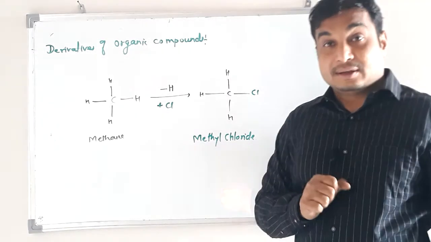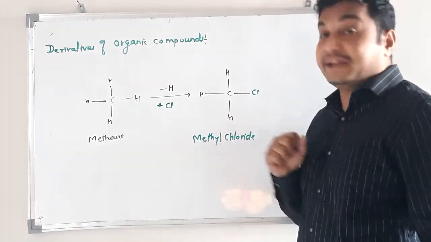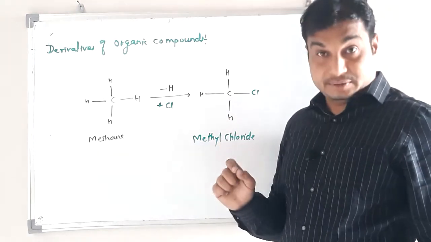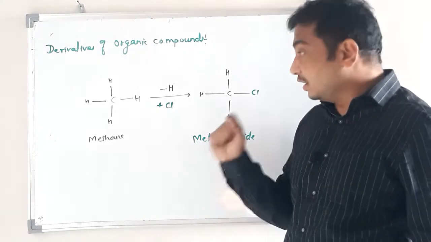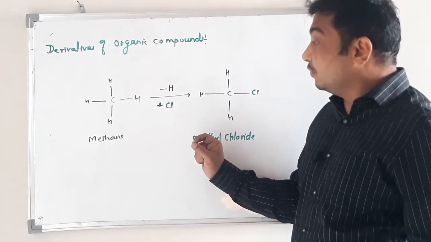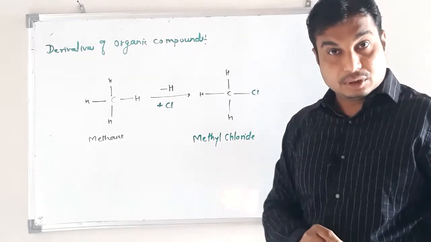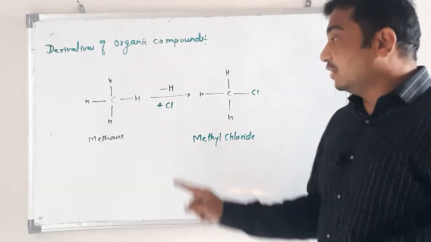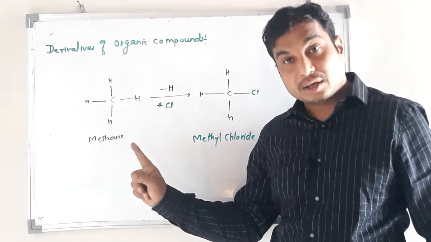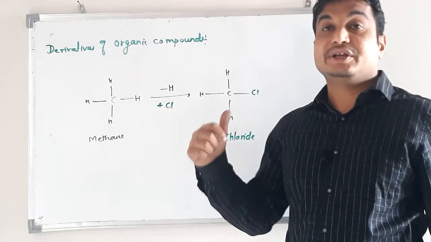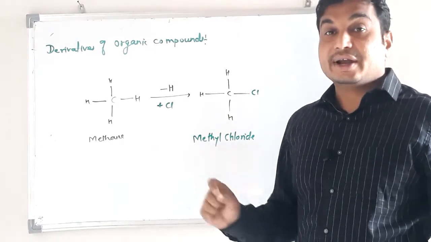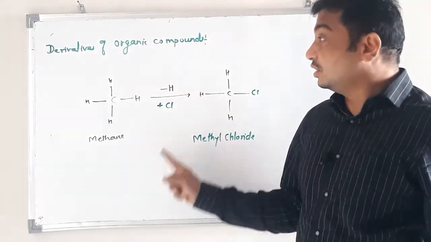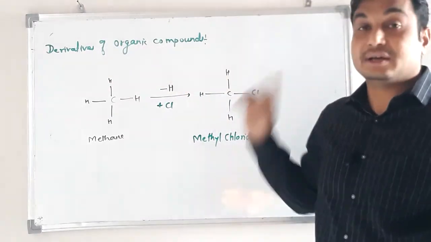This new compound is nothing but a derivative of methane. So in another way we can say that methyl chloride is a derivative of methane, or methyl chloride is derived from methane. So this is the meaning of derivative of an organic compound.